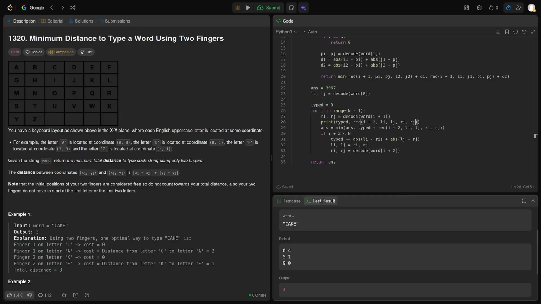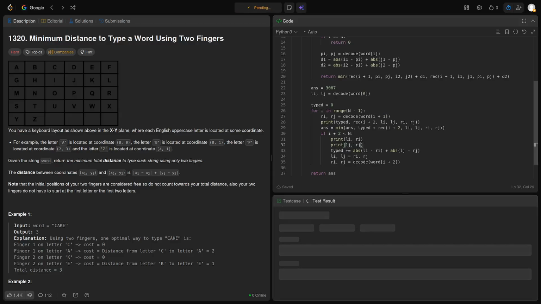So how is typed 5 after that, bro? How is that possible? Because, okay, let's say, because what is this? LI, RI, LJ, RJ.